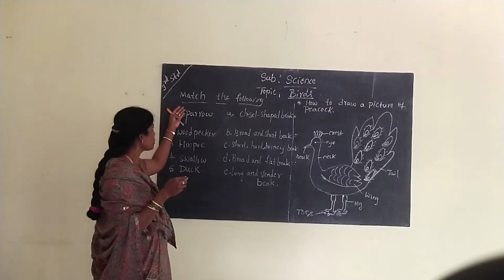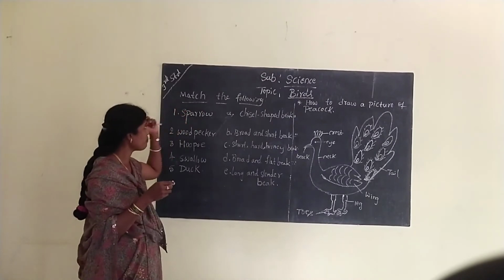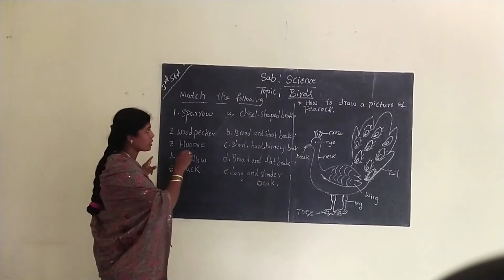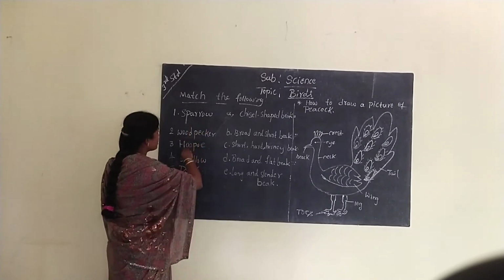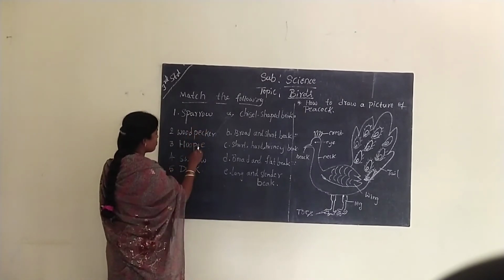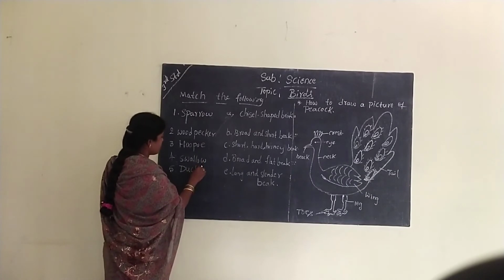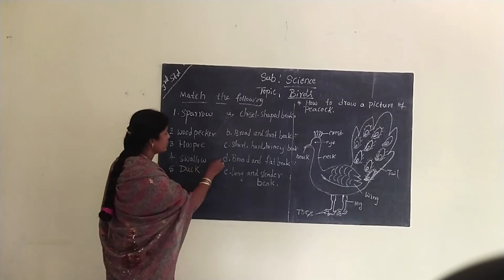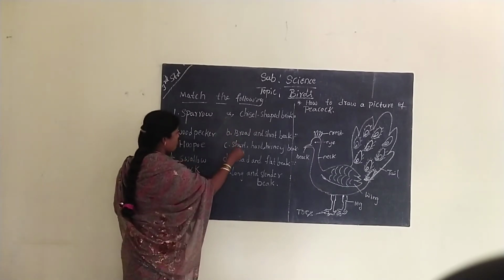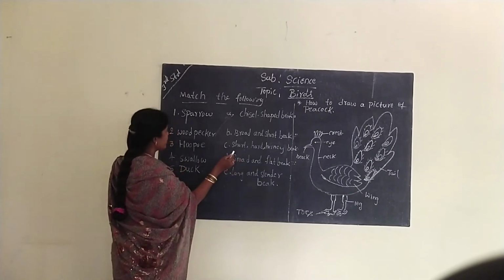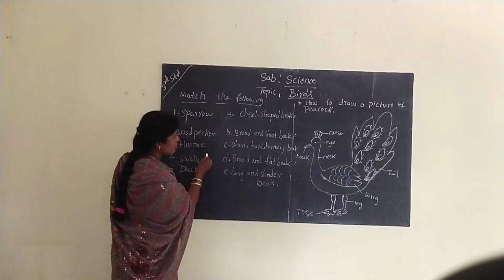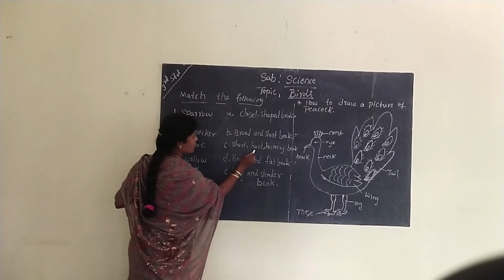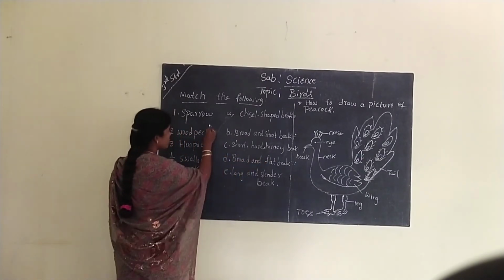Next, let me see the match the following. Okay, first sparrow. Here bird names are given: sparrow, woodpecker, hoopoe, swallow and duck. Here you have to match the correct beak type. Okay, sparrow. Sparrow beak type is, yes, short, hard and horny beak.